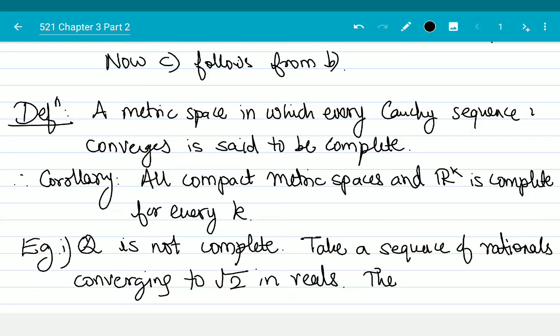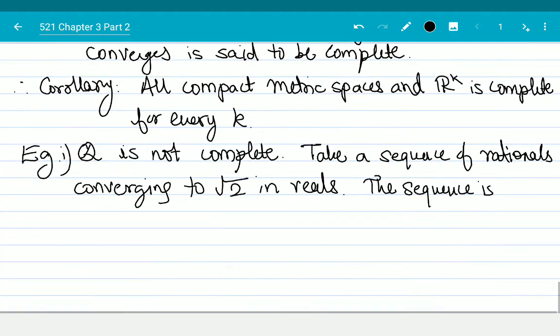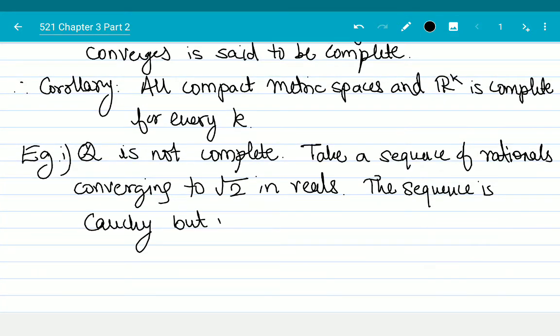Then the sequence is Cauchy, but not convergent in Q. Okay. So Q is not complete.